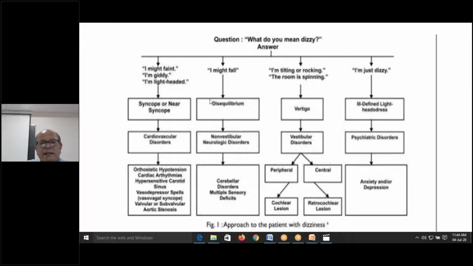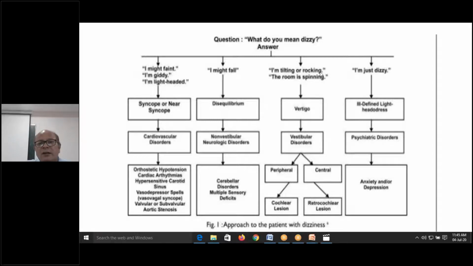So that indicates disequilibrium. But here it is a non-vestibular neurologic disorder, which mostly points in the direction of the cerebellum. So in this condition, you can work up for cerebellar disorder and multiple sclerosis.